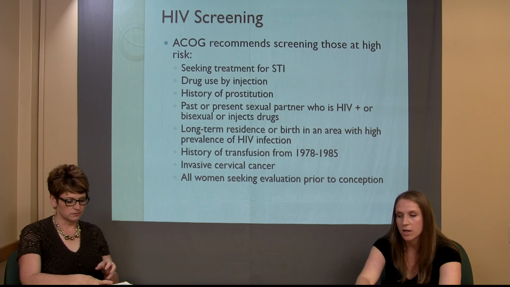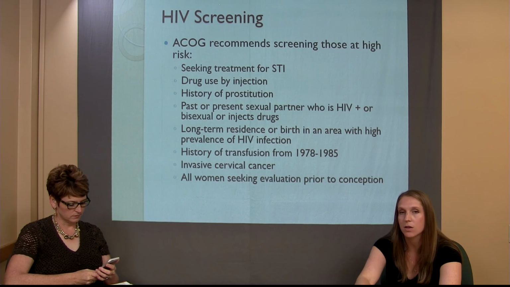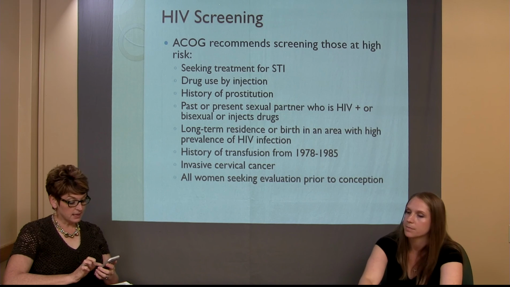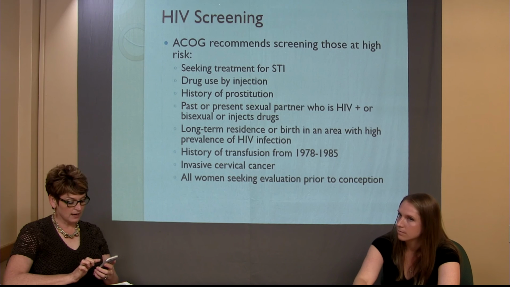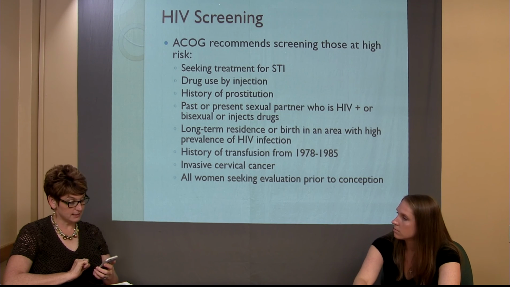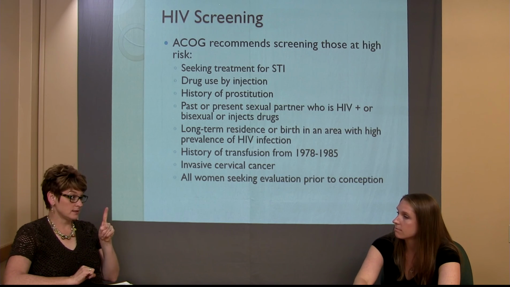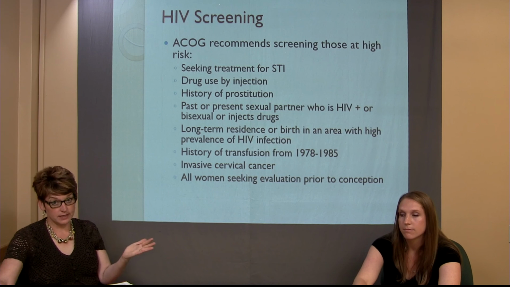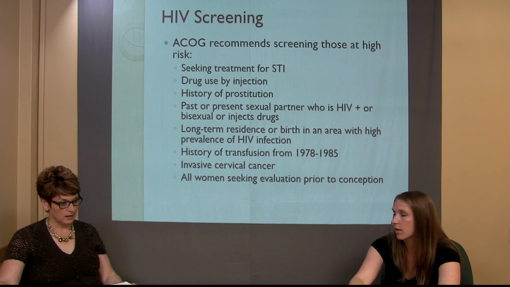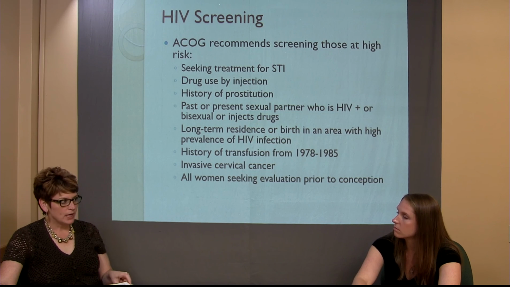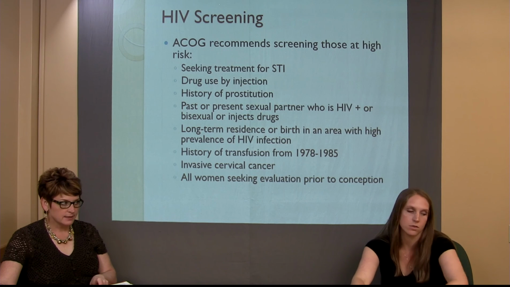Invasive cervical cancer and any and all women that are seeking evaluation prior to conception. And the CDC now recommends routine HIV screening of adults, adolescents, and pregnant women in healthcare settings in the United States. So basically, everybody needs to be tested at least once, and then depending on your lifestyle and your risk, how often after that. And there's actually now a program called PrEP, pre-exposure prophylaxis.